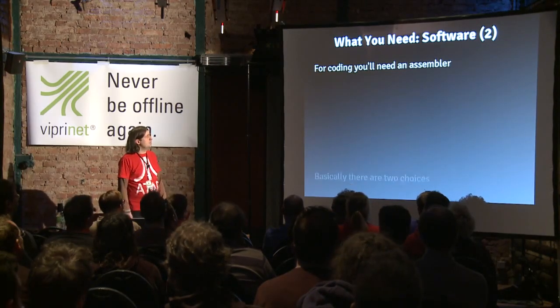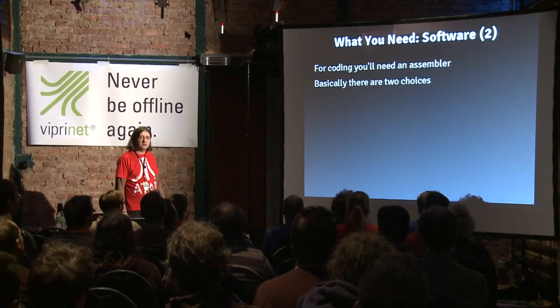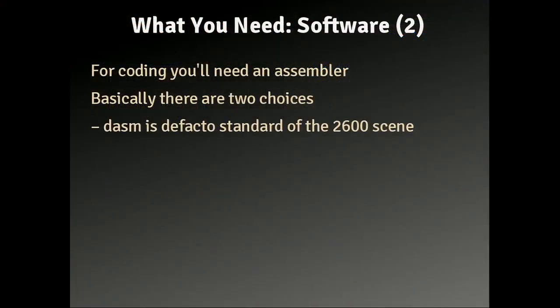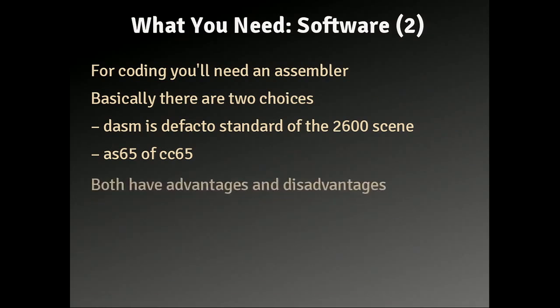For coding, you need an assembler. Basically, there are two choices that I've encountered. DASM is the de facto standard of the 2600 scene, and I'm using S65 of the CC65 package because I've encountered it before on hacking Commodore projects.